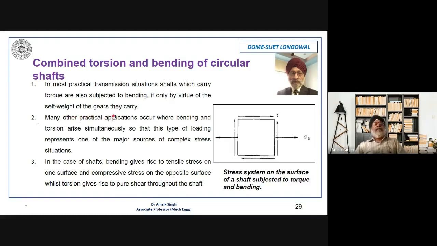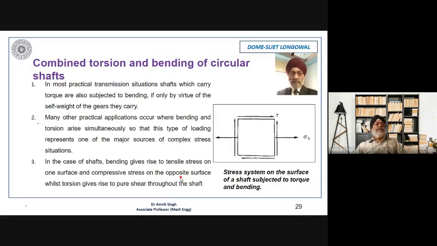Now many other practical applications occur where bending and torsion arise simultaneously. So this type of loading represents one of the major sources of complex stress situations. So in the case of shafts, bending gives rise to tensile stress on the outer surface and compressive stress on the opposite surface.